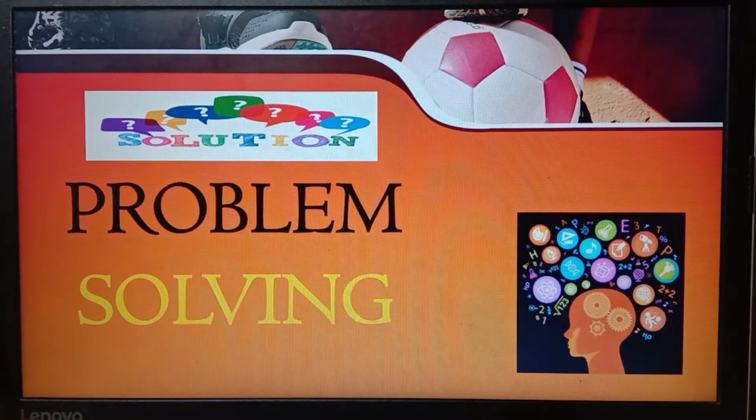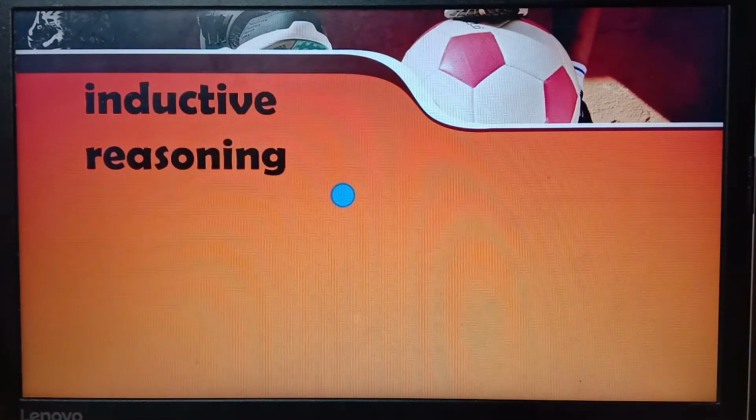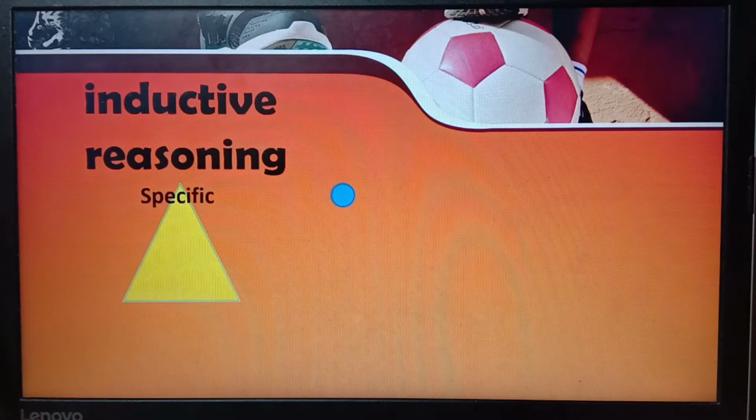Under problem solving, we have concepts about reasoning. The first type of reasoning is what we call inductive, which can be represented by an upright triangle, meaning you start from a specific idea or opinion going to the general ideas.